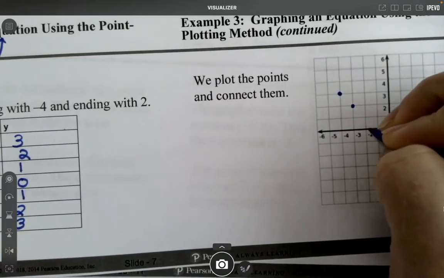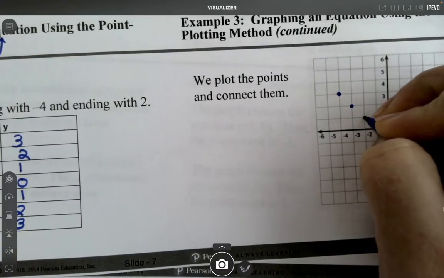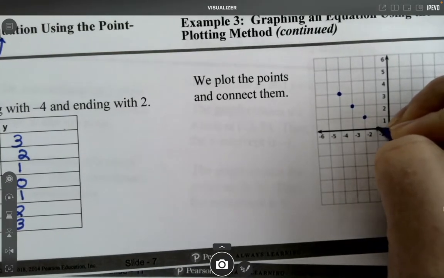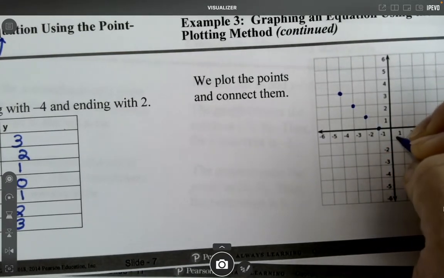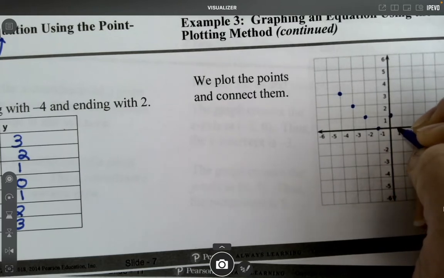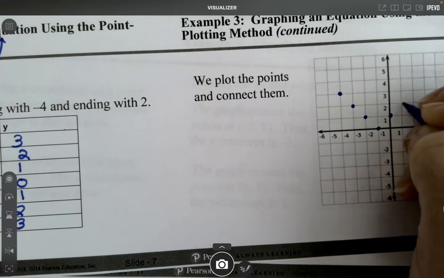Negative 2, 1. Negative 1, 0. 0, 1. 1, 2, 2, 3.